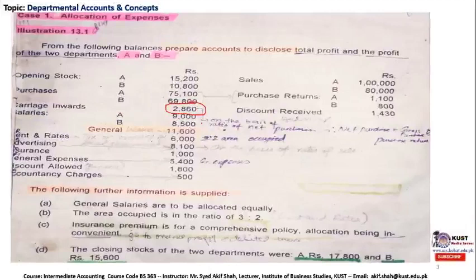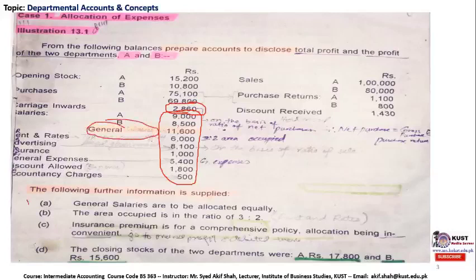These are the remaining expenditures, from salaries to the accountancy charges, which need to be divided between Department A and Department B. The salaries of Department A and B are clear, so we can plug those expenses directly into the relevant department. However, for journal salaries, the note states to divide them equally between the two departments.